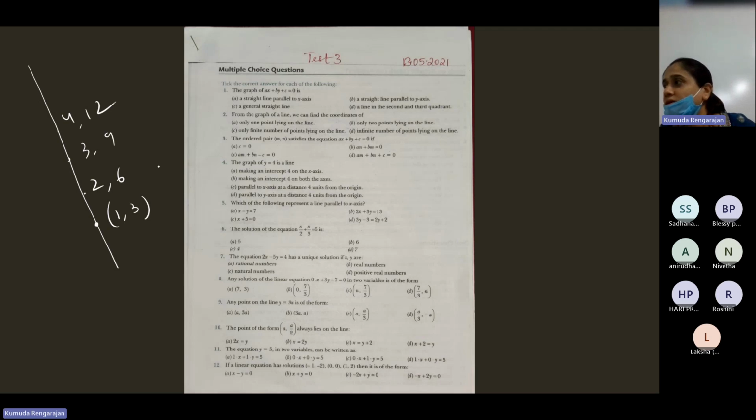The points will be like this only. If you see the y coordinate, it will be 3 times the x coordinate. I'm not saying that the line will be like this. I'm just marking the points and showing you. So on the line, you will see points. You can see that these points will lie on that line.